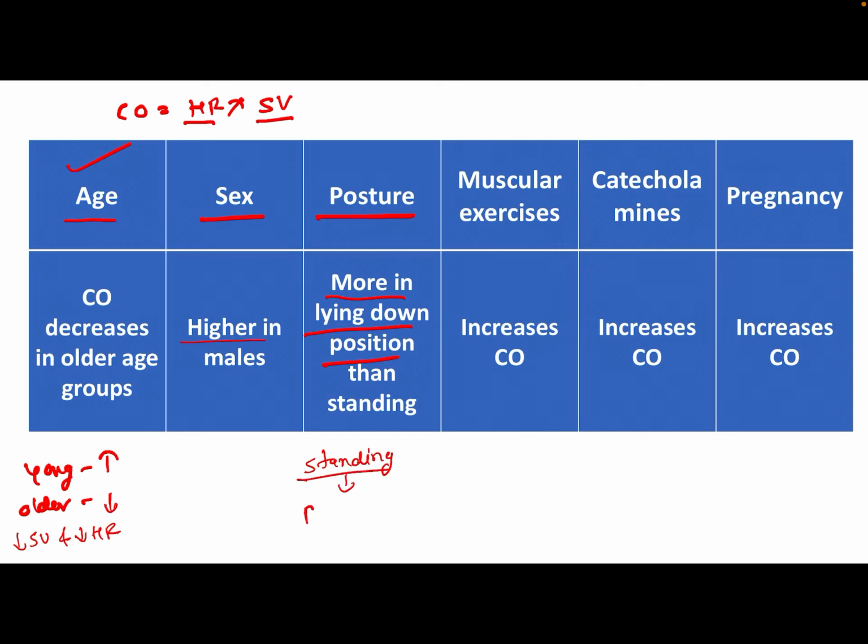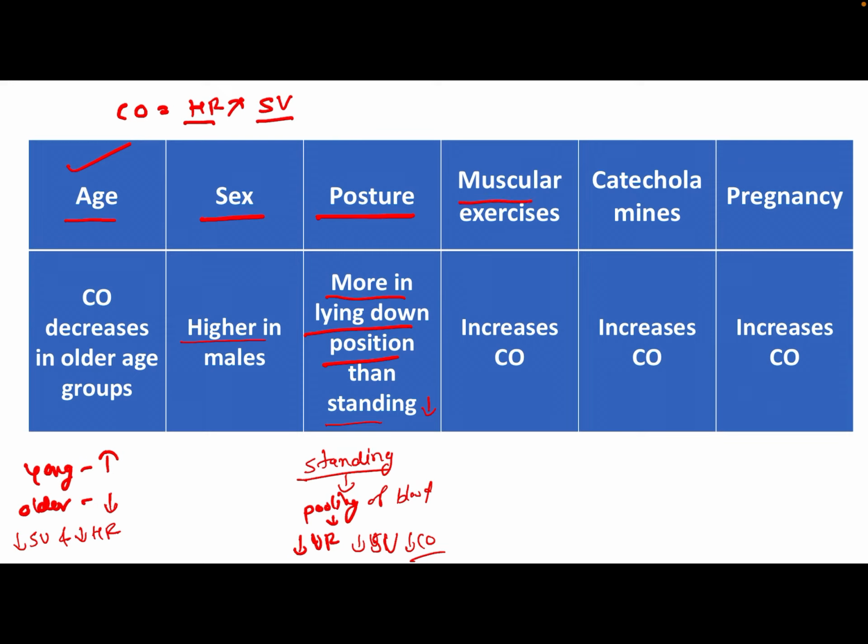There is pooling of blood. So it will decrease the venous return, it will decrease the stroke volume, thus it will decrease the cardiac output. So in standing, cardiac output is less, and in lying down position, cardiac output is more.